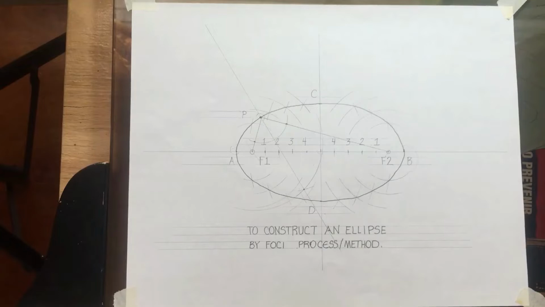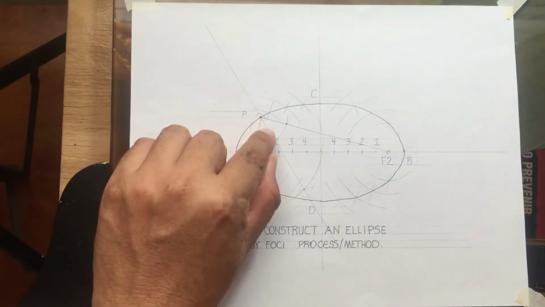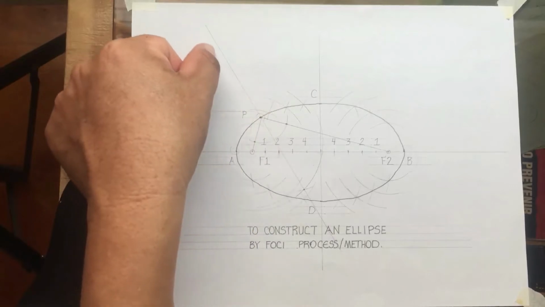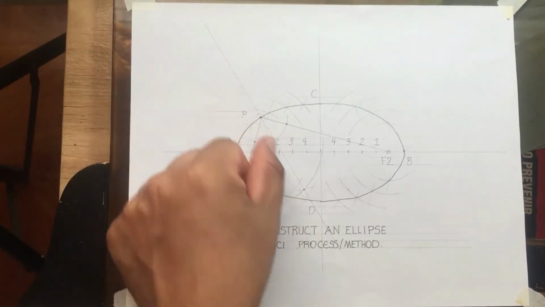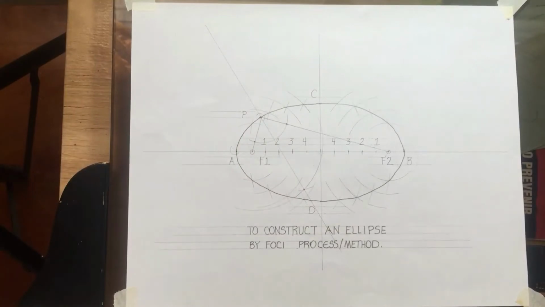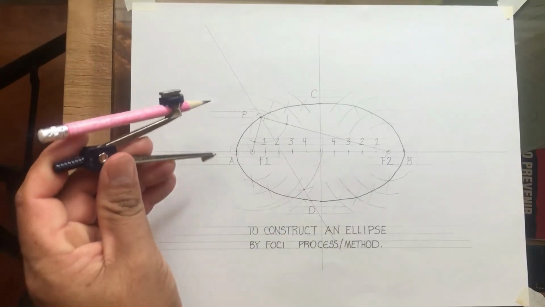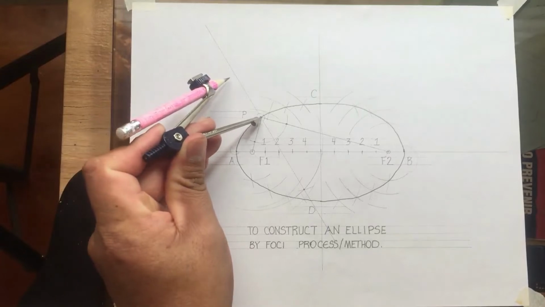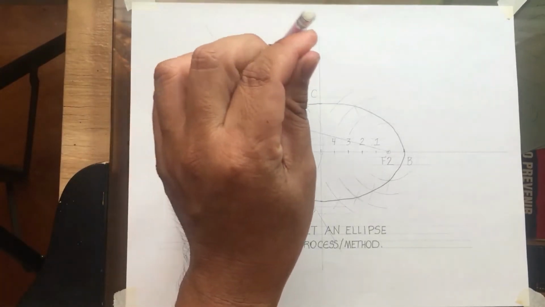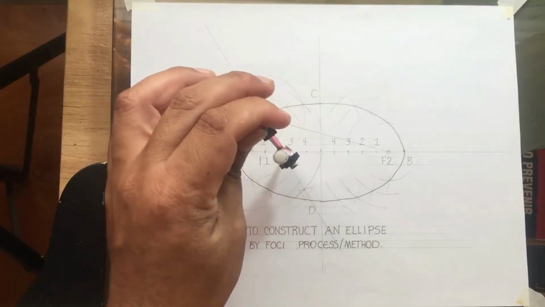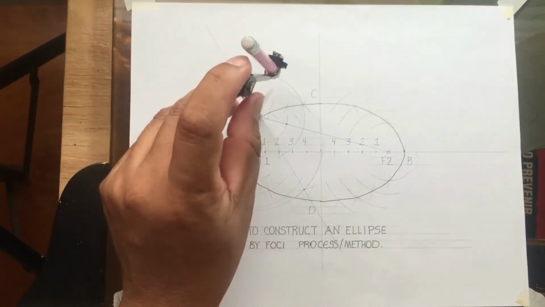Okay, now to obtain the tangent, I want to construct a 90 degrees on this line, and at P. Okay, this is a concept you were given in second form. So I'll set at P and I'll do a 90. You need to construct a 90, one arc, one semicircle if needed.